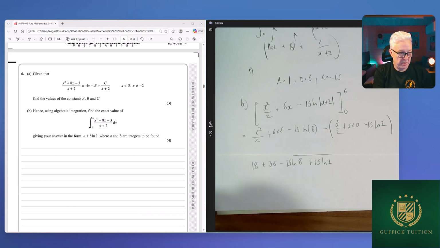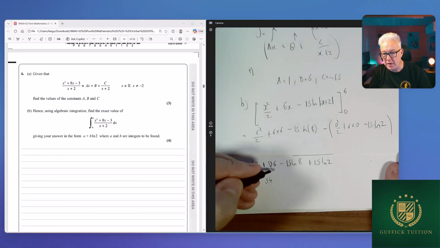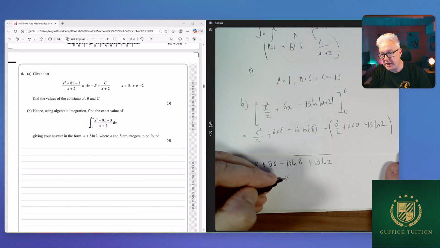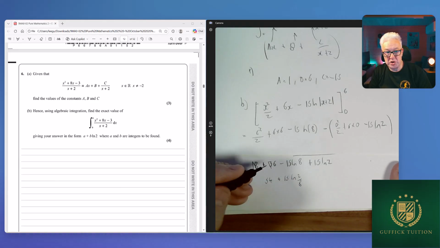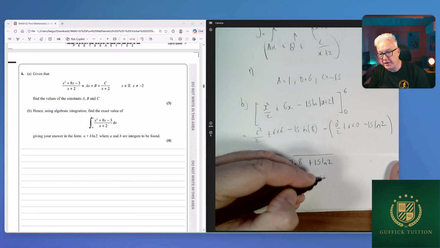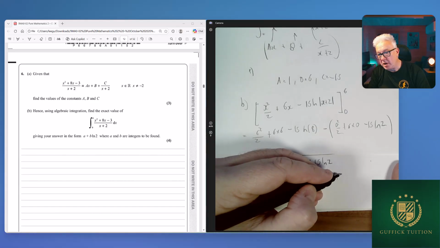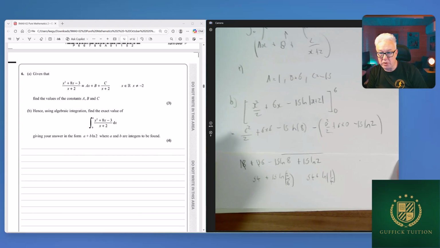That's going to go to 54 when we add those two together, and we're going to have plus 15 ln of 2 over 8, and we've got to give it in the form ln 2. So that is 54 plus ln of a quarter so far, because 2 over 8 is a quarter.